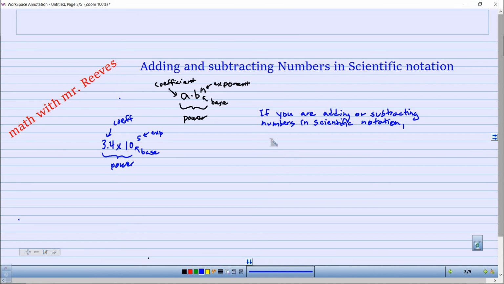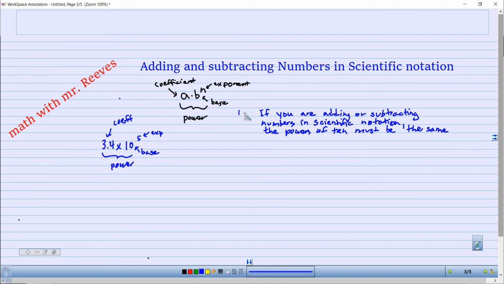If you are adding or subtracting numbers in scientific notation, the powers of 10 must be the same. The powers of 10 must be the same.